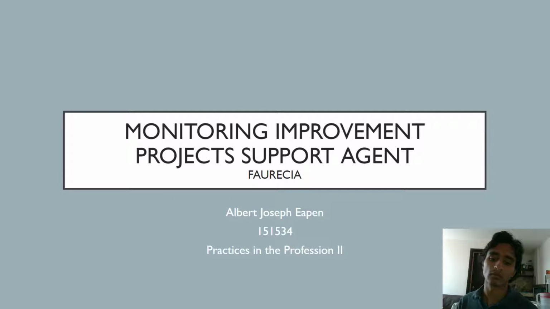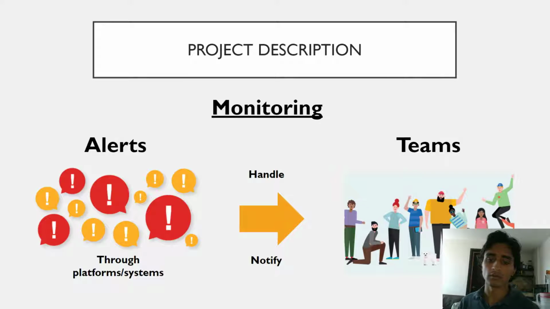So here it goes. The project consists partly of monitoring, which is the task the group I've been working on did. It consists of receiving some alerts. These alerts are regarding some service or hardware used in production, mainly on plants or even in offices.